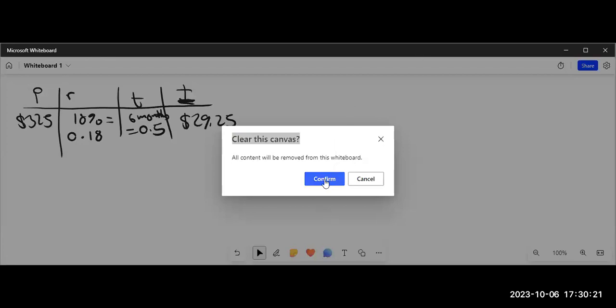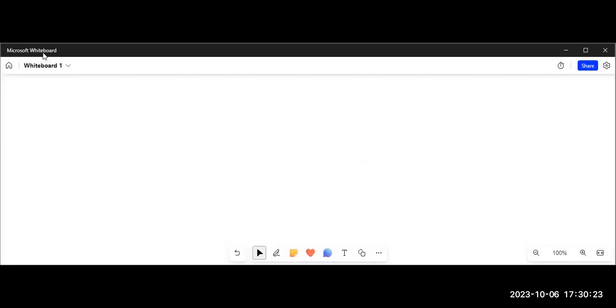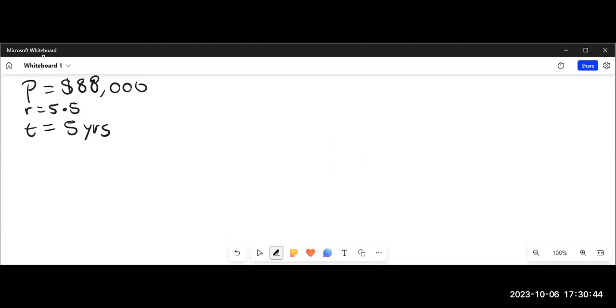The company is going to borrow, which is the principal, $88,000 for 5 years at a simple interest rate of 5.5%, which is 0.055.